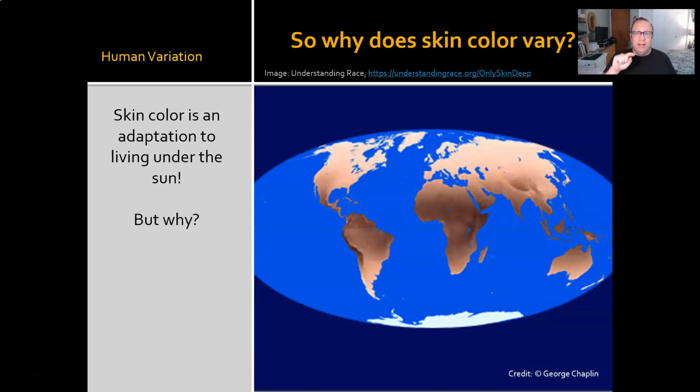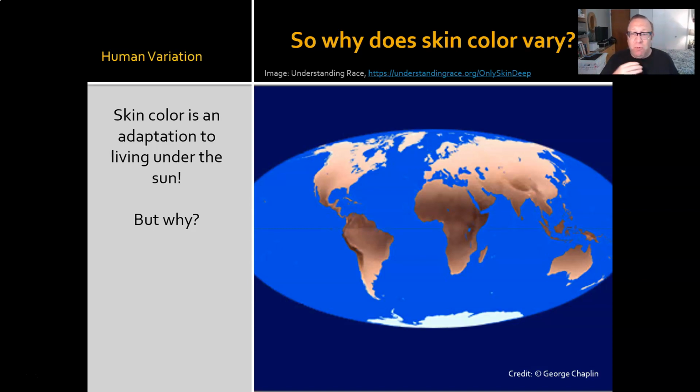The reason you get more ultraviolet light at the equator than at the poles is because the Earth is round. And as the sunlight comes in towards the equator, it has only so much atmosphere to get through. But as it comes through at a steeper angle at higher latitudes, it actually will have to go through more atmosphere.